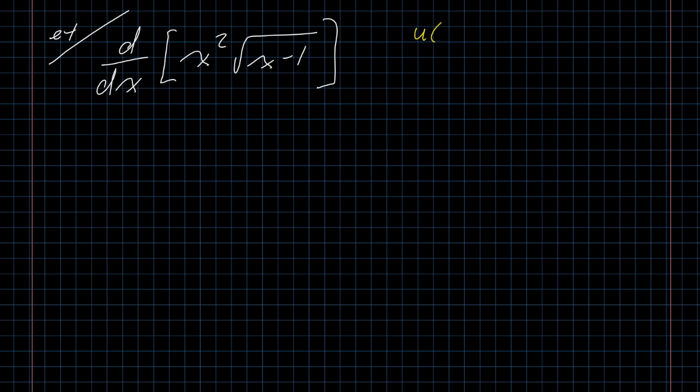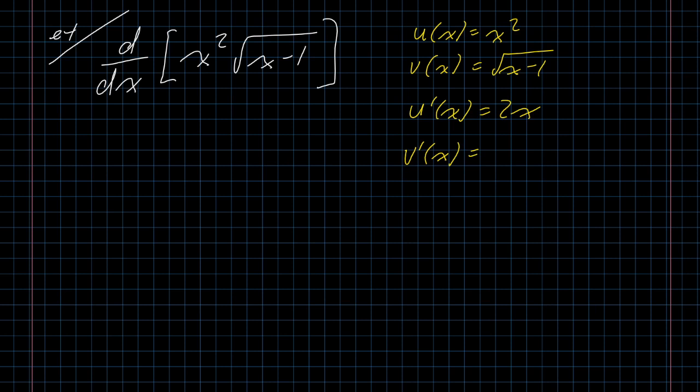So I've got that u of x is x squared and v of x is the square root of x minus 1. If we take a couple of minutes and work through those derivatives, u prime of x is 2x and v prime of x is going to be 1 over 2 square root of x minus 1.